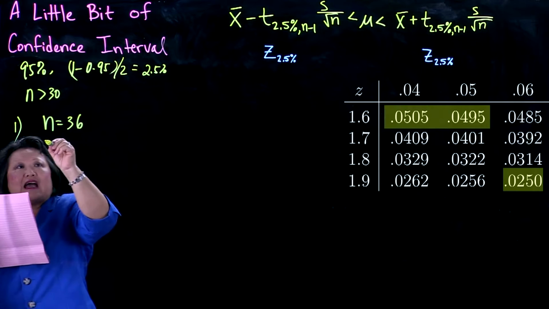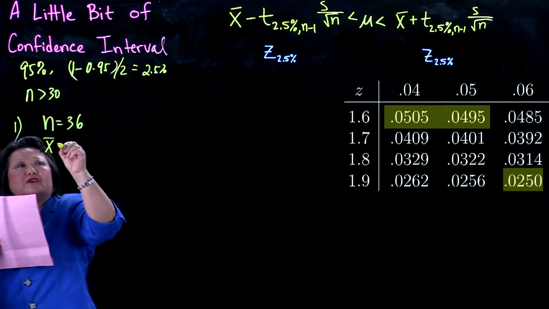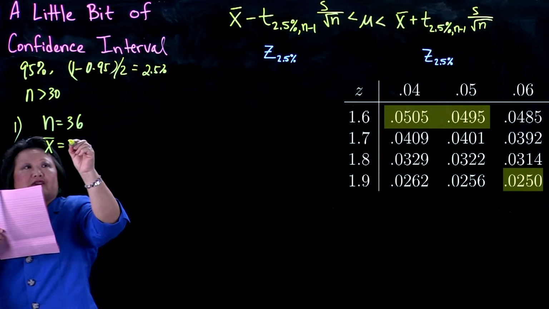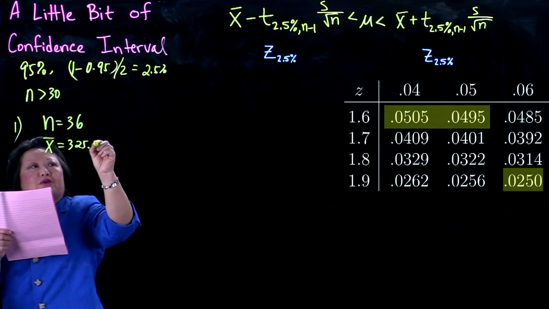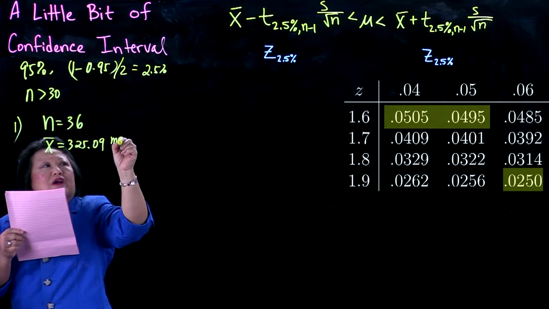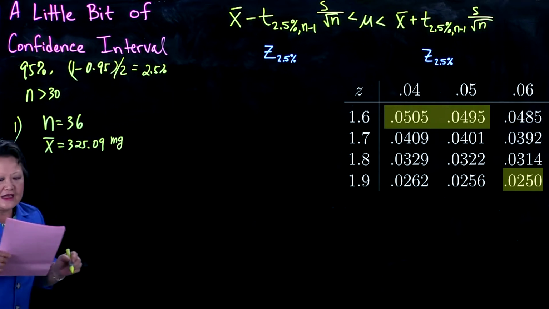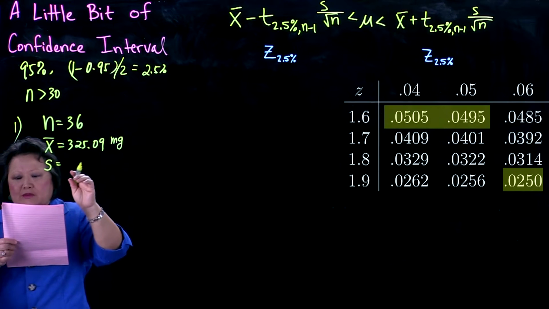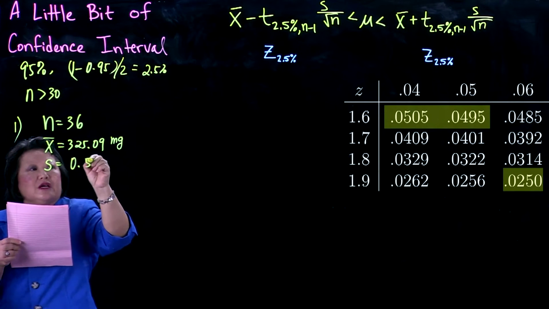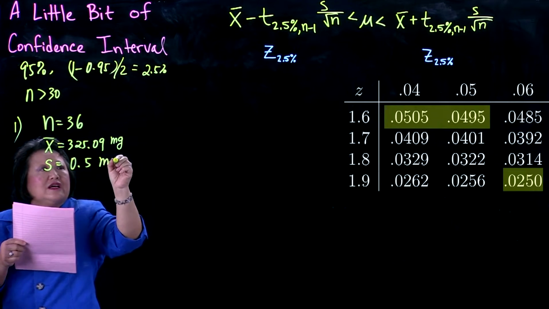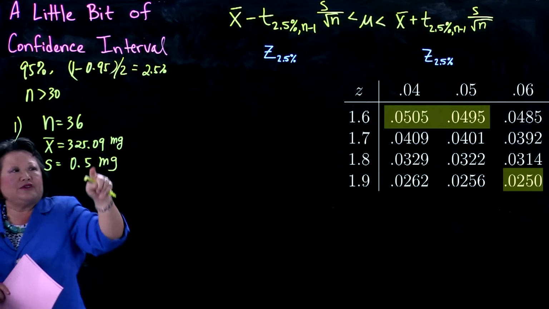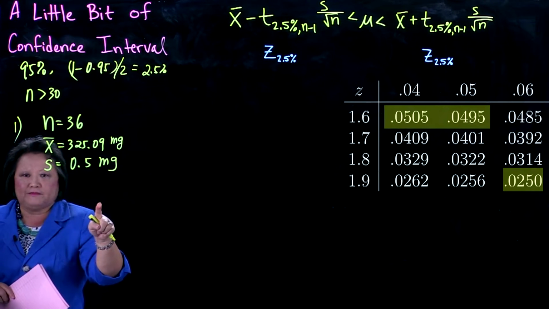I found the average of the 36, which is X bar, and the content gives me 325.09 milligrams per tablet. I also calculated the standard deviation, which is very standard. I'm not going to talk about how to do that, but if you calculate the standard deviation of these 36 tablets, you find 0.5 milligram.